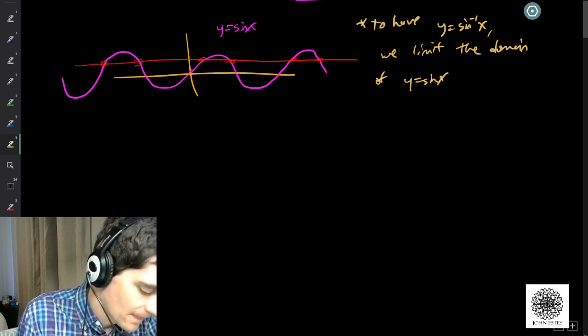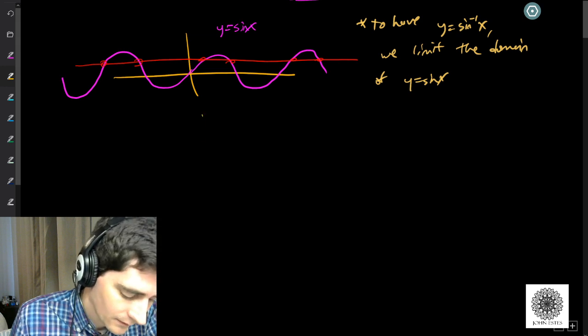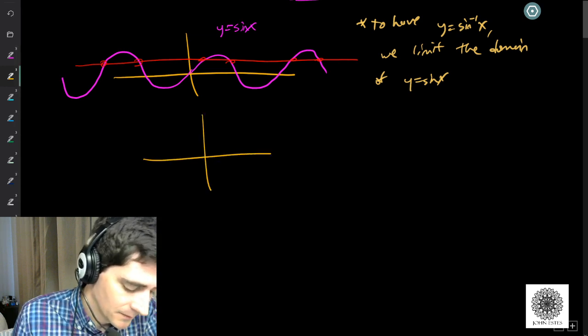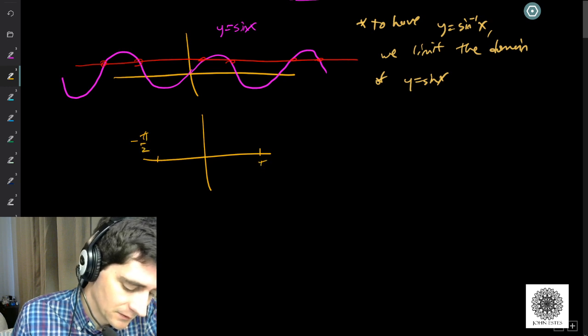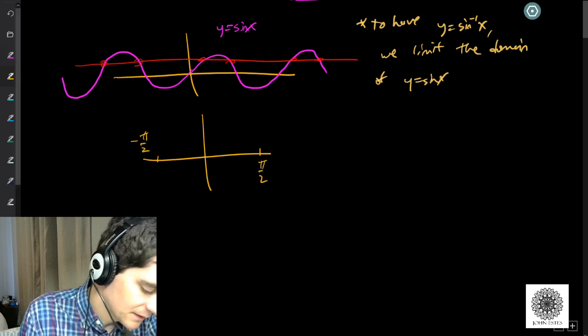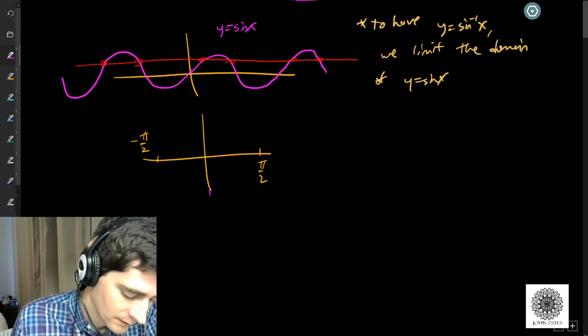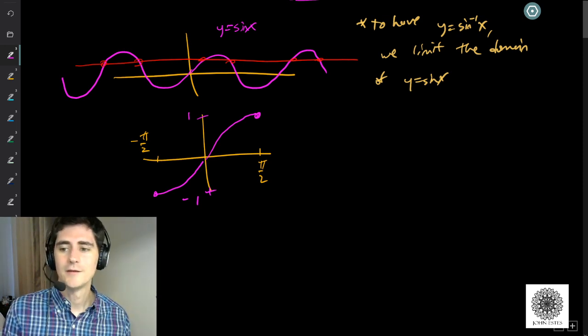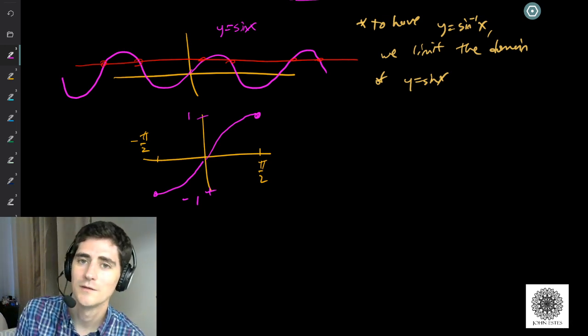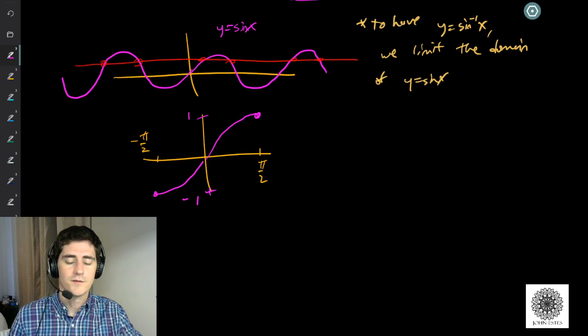We take sine just from negative pi over 2 to pi over 2. And if you graph sine just over that interval, you start at -1, you hit 0, and then you go up to +1. All right, so that passes the horizontal line test. It also covers the full range of sine.